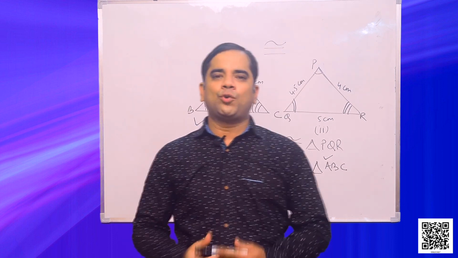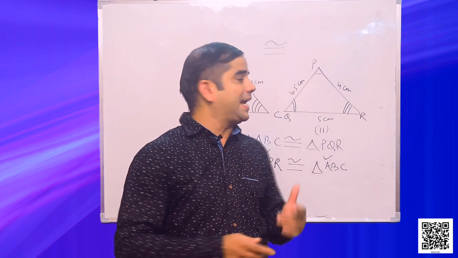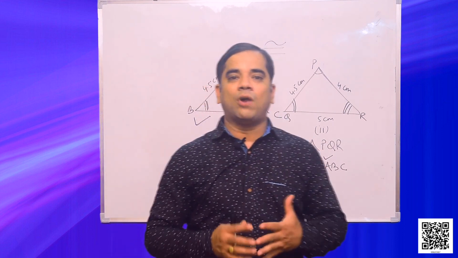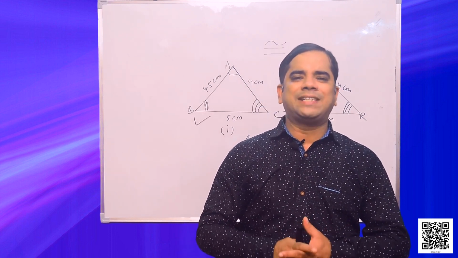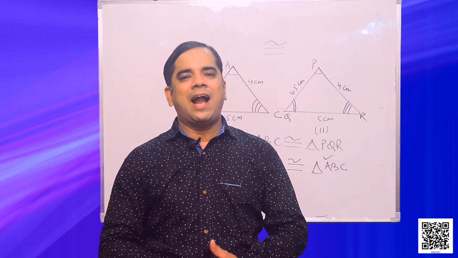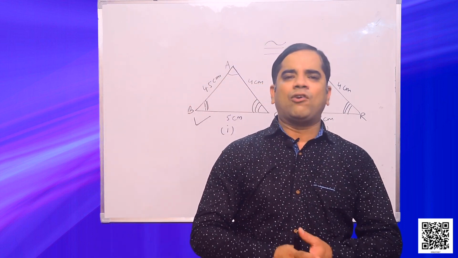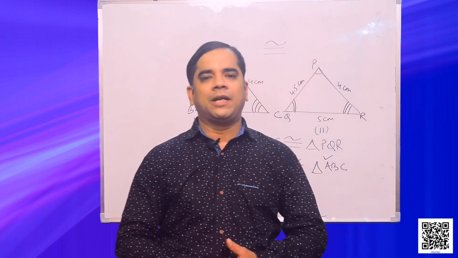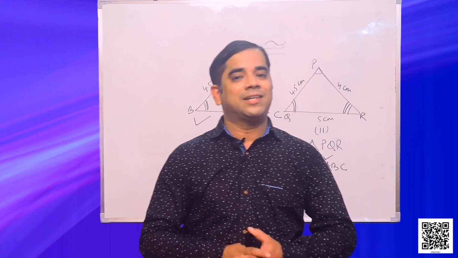Okay. So students, as we have observed the congruency of triangle ABC and PQR, you can also observe the congruency of triangle ABC and triangle DEF, and you can also find out the corresponding sides, corresponding vertices and corresponding angles of those two triangles.